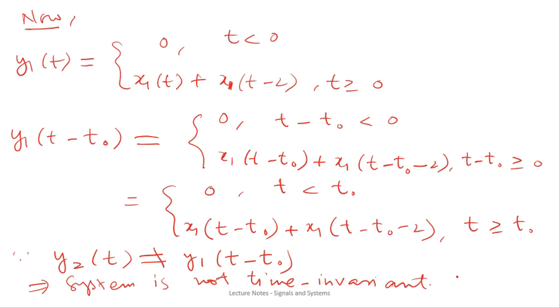So now we have completed all the different properties related to systems, and we have tried to solve problems based on each property. And this last problem which we just discussed consists of all the different properties. With this, this unit comes to an end. In this unit we have developed a number of basic concepts related to continuous and discrete time signals and systems, and there are several examples that were discussed.